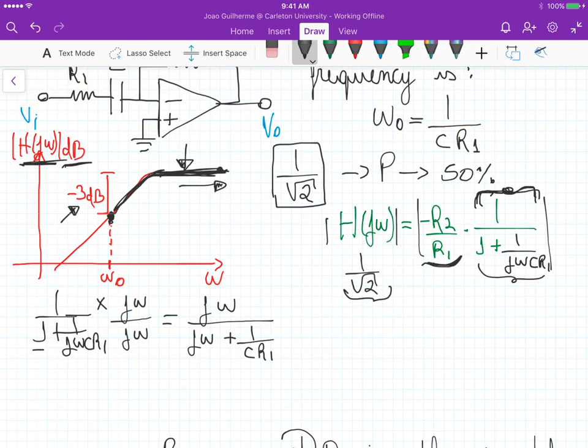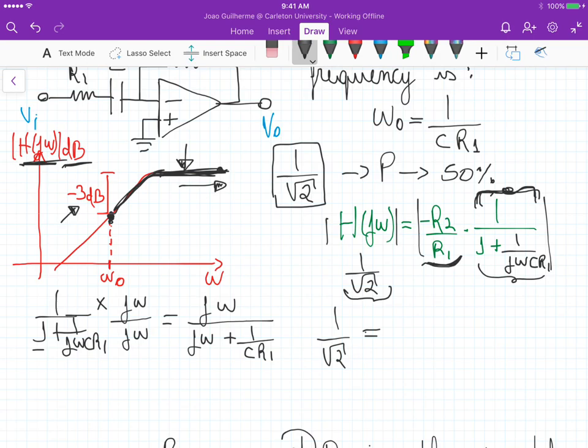Now we have to take this magnitude here and make it equal to 1 over square root of 2. So 1 over square root of 2, that's the magnitude that gives us the factor of minus 3 dB, and that should be equal to the magnitude.